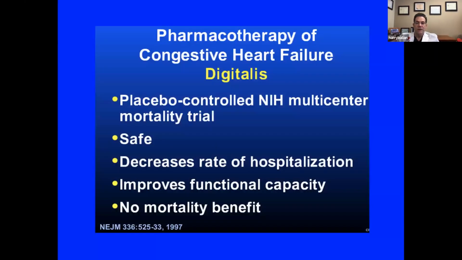So the digoxin, I'm just going to say a couple of words. It's not a common first line therapy anymore, but the digoxin does decrease the heart rate without affecting blood pressure, and also keeps people out of the hospital, but it does not change mortality. So the DIG trial showed that there was a decreased hospitalization rate in patients with heart failure that were started on digoxin, but there was no change in the mortality.